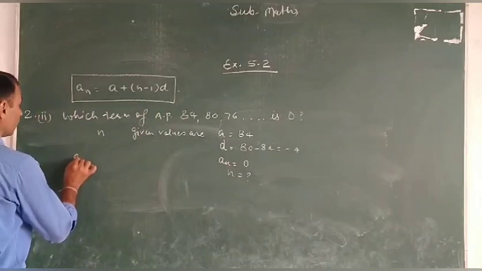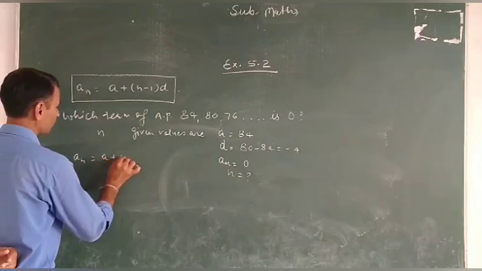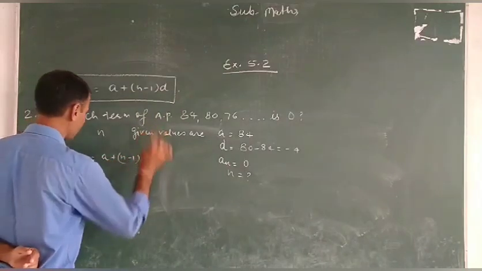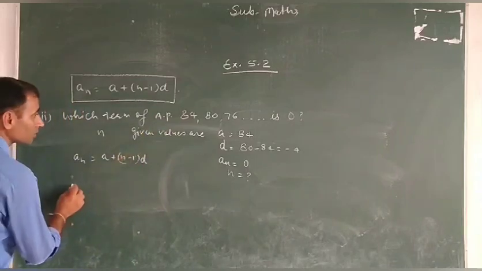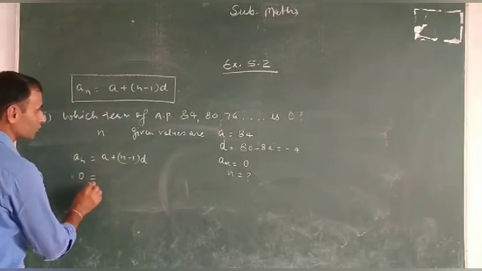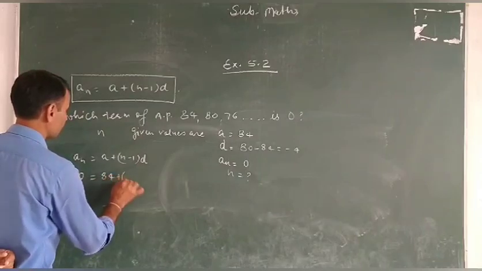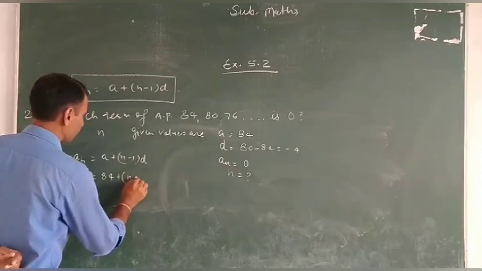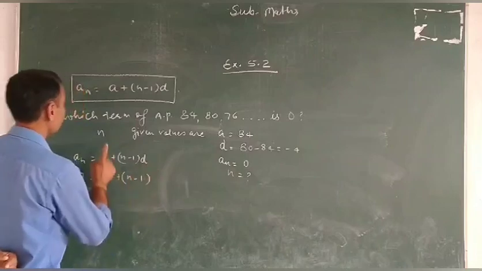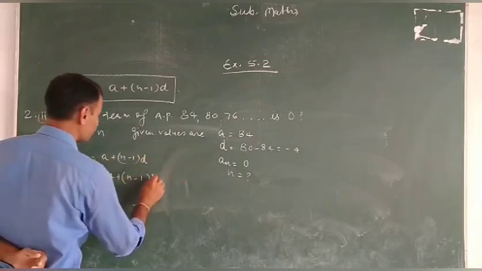So by applying the formula, an equals a plus n minus 1 into d again. By substituting the values, 0 is equal to 84 plus n minus 1 into d, the common difference, which is minus 4.